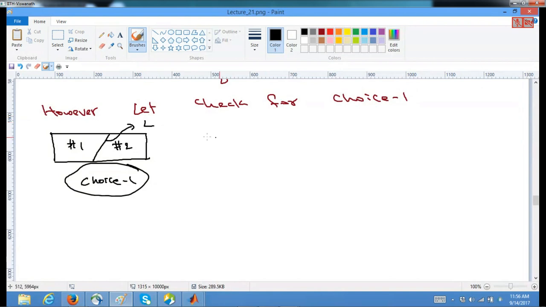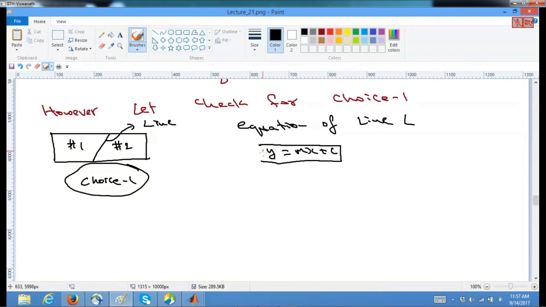Let's call it line L. The equation is y equals mx plus c. It cannot be x equals a constant, and it cannot be y equals a constant, because the line is neither vertical nor horizontal. So it is a linear equation of this form.